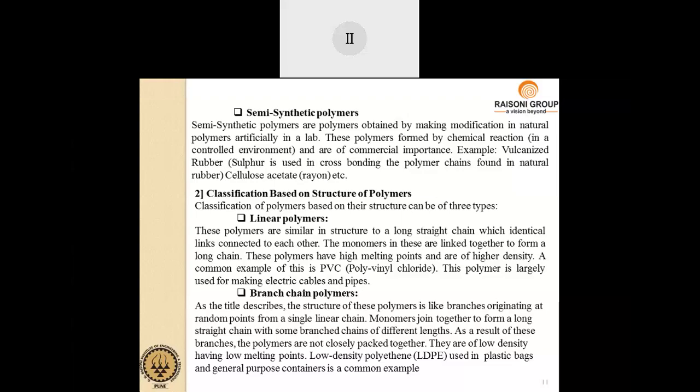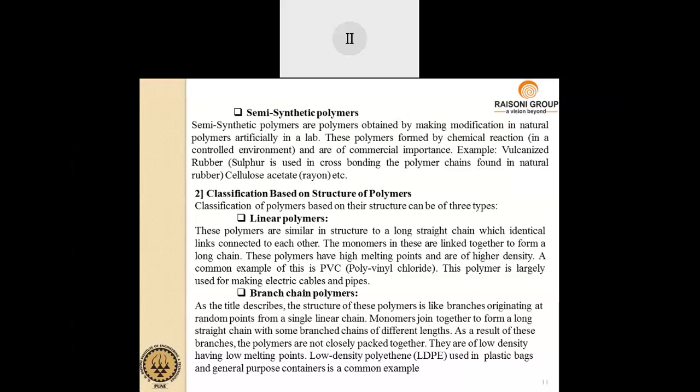One example is LDPE, low density polyethylene. This is a type of branched chain polymer. LDPE is used in plastic bags and different common containers.